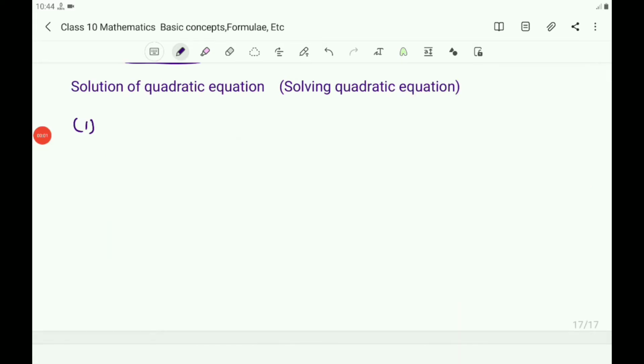Now about the solution of quadratic equation, or solving quadratic equation. Solving a quadratic equation is nothing but finding the value of the variable. And there are different methods.